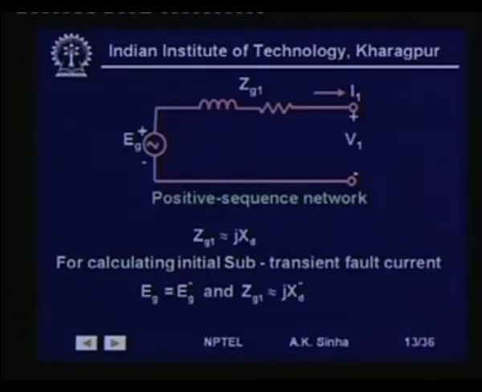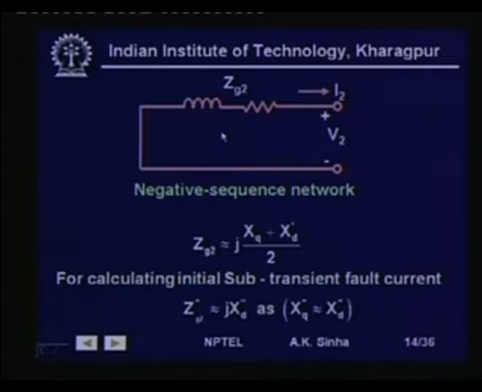Normally the resistance of the generator winding is much smaller compared to its reactance, therefore, that is neglected, and generally the positive sequence impedance is taken as the subtransient reactance of the generator. So, this is the model for the positive sequence network for the synchronous generator.